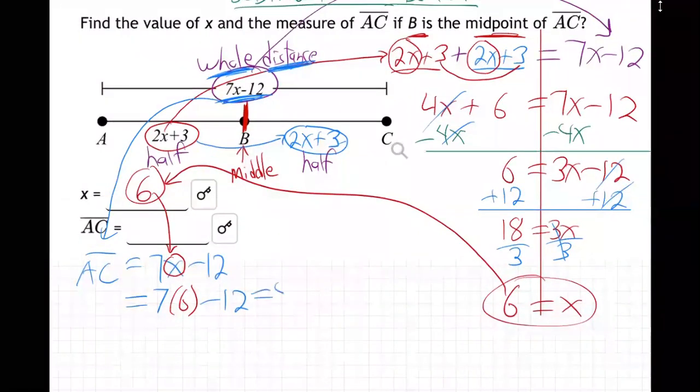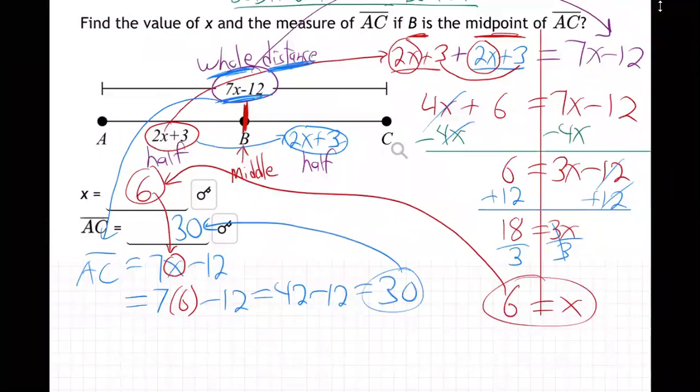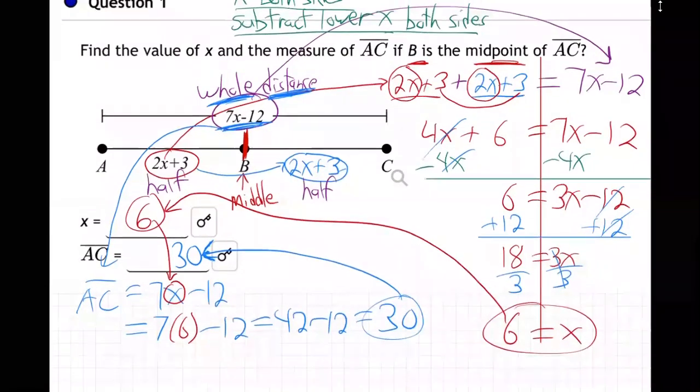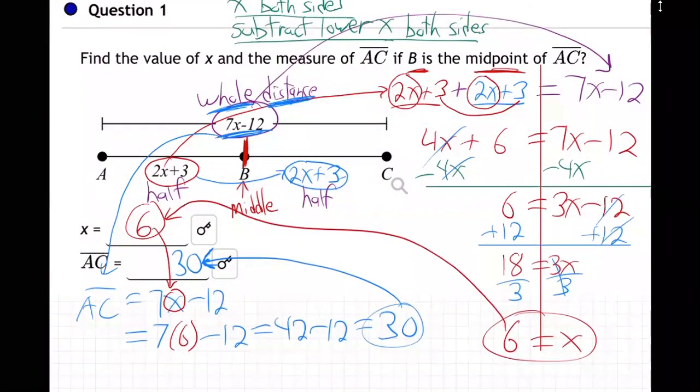And then that'll be what? Just use your calculator. 42 minus 12, 30. There it is. AC has got to be 30. AC is 30. And there we go. We answered all the questions on that one.